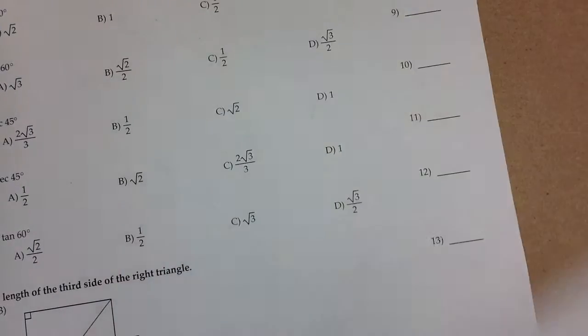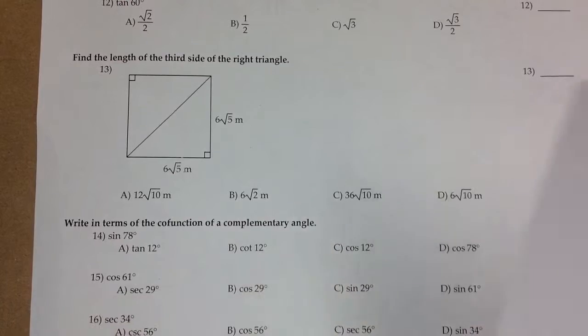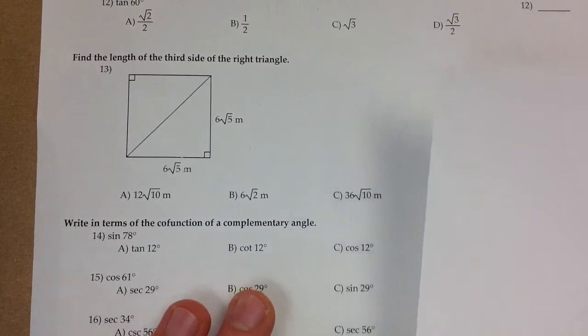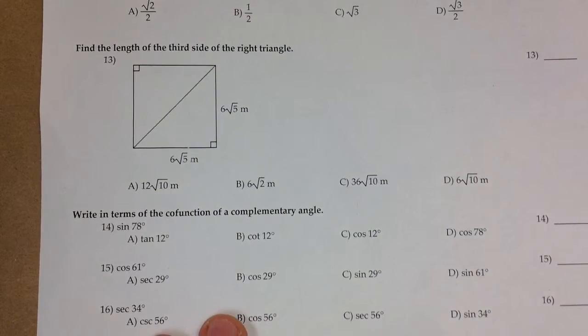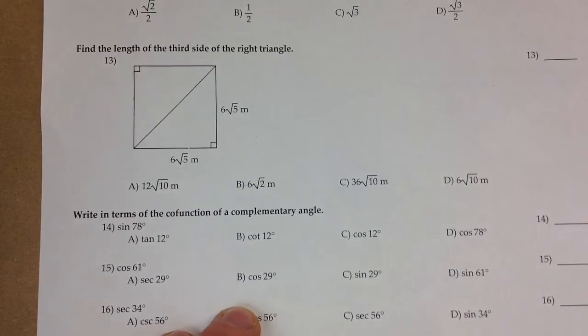Moving on. 13. A random person is Celine. Please help me find the length of the third side of the right triangle, which in this case is the diagonal of this square. It's a 45, 45, 90. Very good.